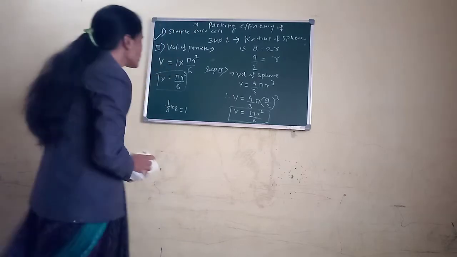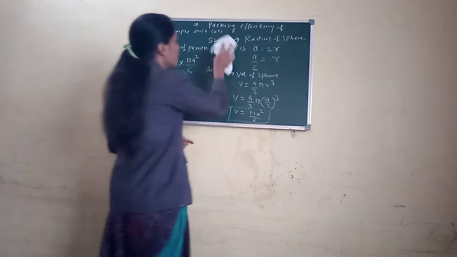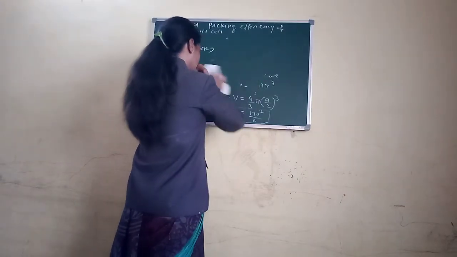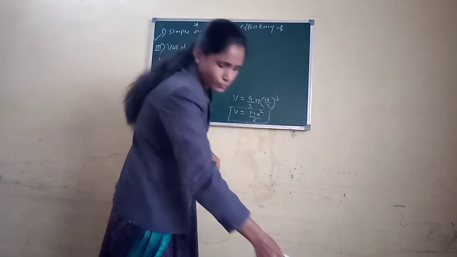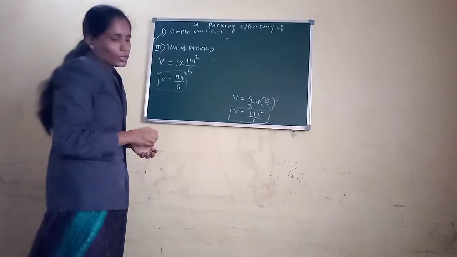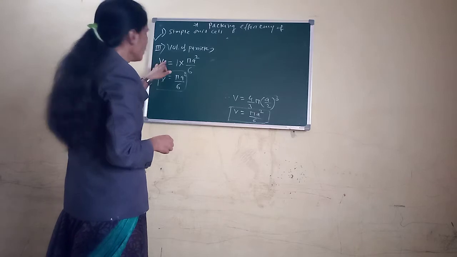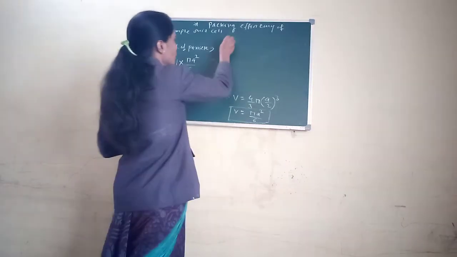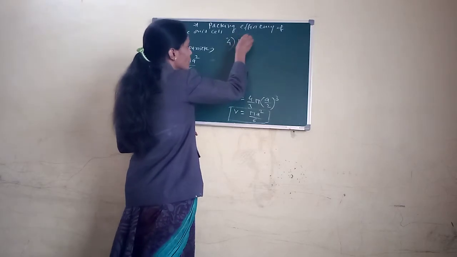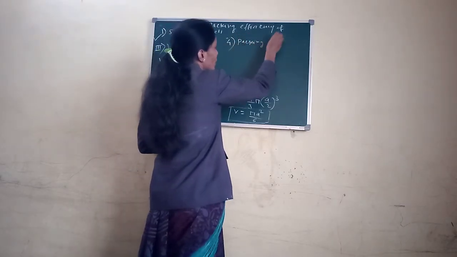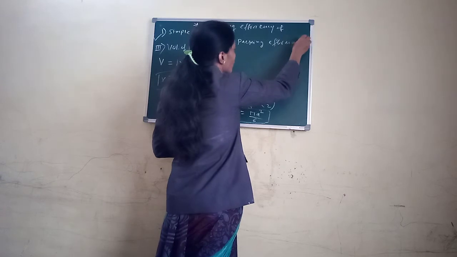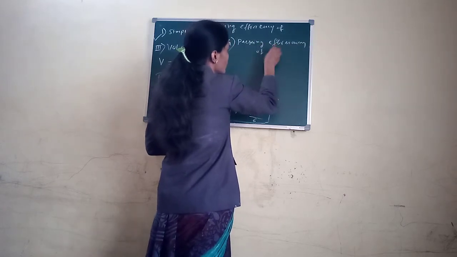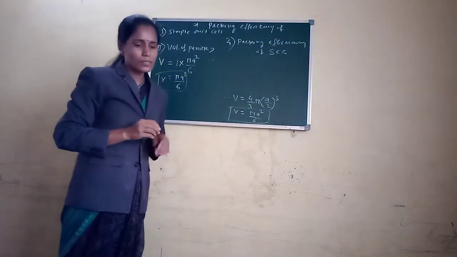Then the fourth step is packing efficiency. Packing efficiency of SCC, means simple cubic cell.